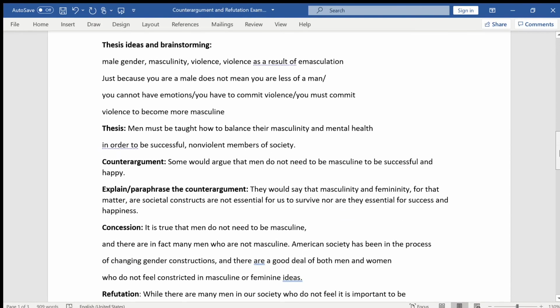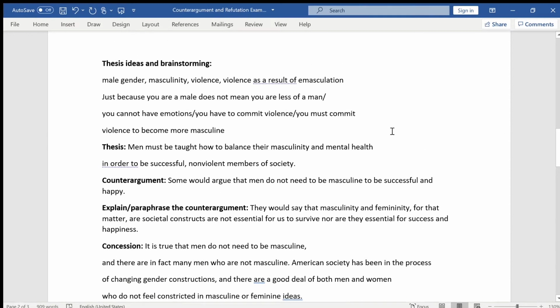For this example, I chose a topic that I'm interested in. It's the idea that a lot of times mass violence is committed by men, and many times it's because those men in some way have felt emasculated. So I'm interested in the connection between masculinity and mental health and all of that, those topics, okay?